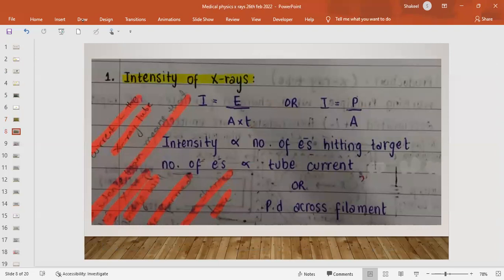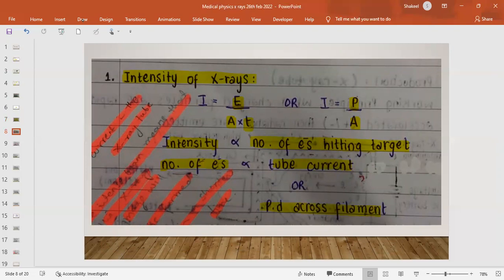Okay, what is meant by intensity of X-rays? Well, intensity of any wave is energy transferred per unit area per unit time, or power transferred per unit area. So the intensity of X-rays means how many X-rays are going to be produced. The intensity depends on the number of electrons hitting the target. If more electrons are hitting the target, more X-rays will be produced. And the number of electrons depends upon the tube current or the potential difference across the filament, right?